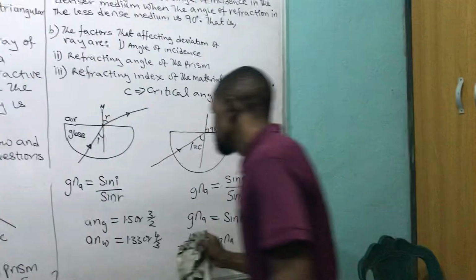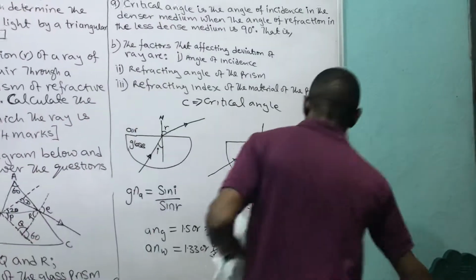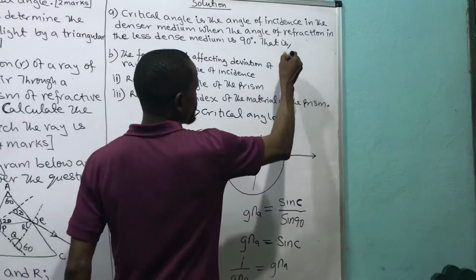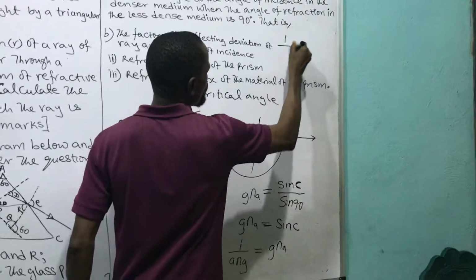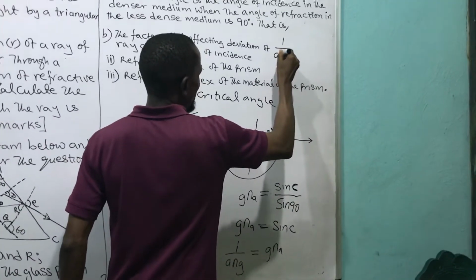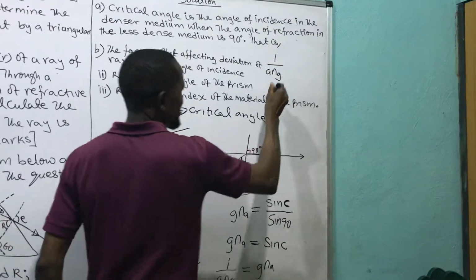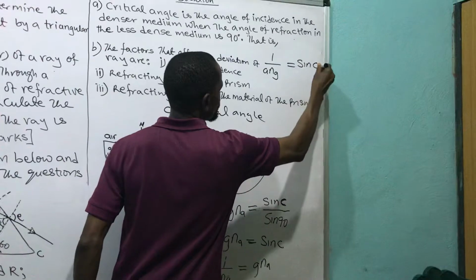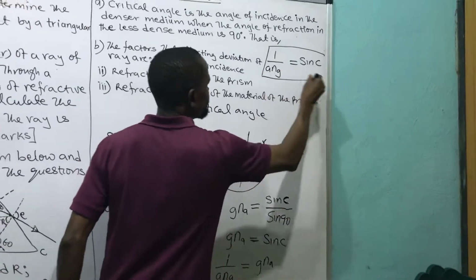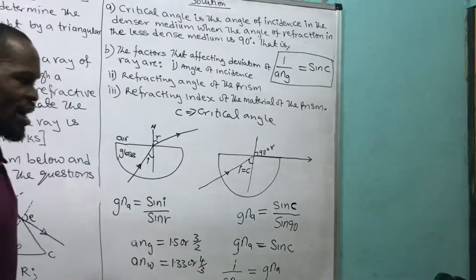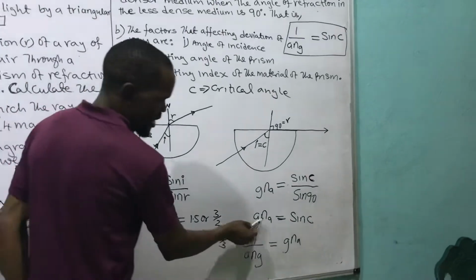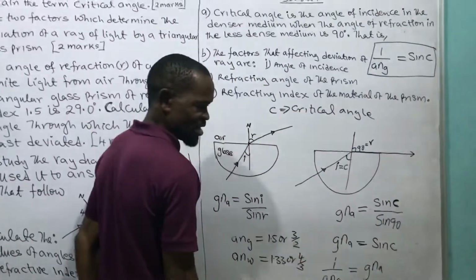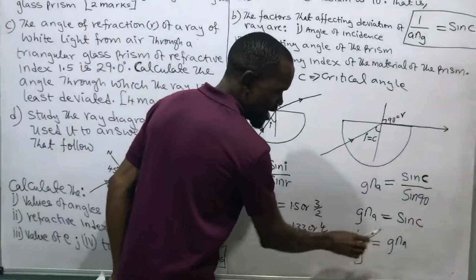When I use it to replace, let me write it here for us to see. If I use it to replace, I will have 1 over air to glass, which I have in my diary, equals sine of critical angle. Look at the formula of critical angle. From here, glass to air gives me this. But glass to air, I don't have in my diary.